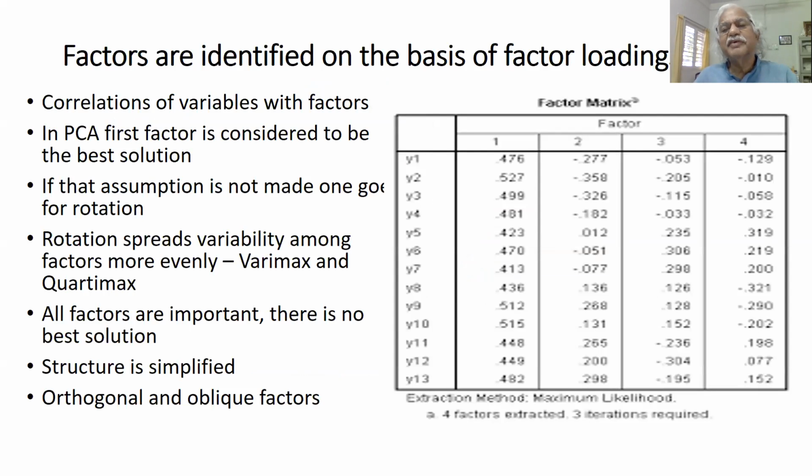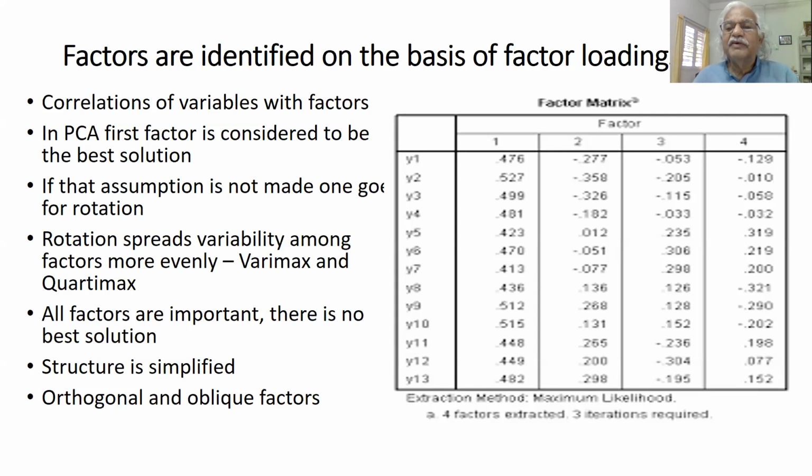Now, how to identify factors? Factors, as I said, are identified on the basis of factor loadings. You see, here a factor matrix is given, and in columns are given factors 1, 2, 3, 4, and in the first column are written variables, variable 1, 2, 3, 4, 5, 6, 7, 8, 9, 10, 11, 12, 13, and so on.